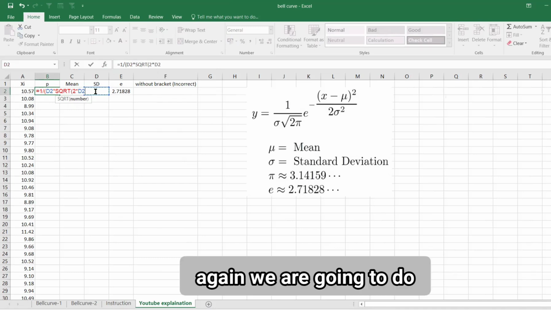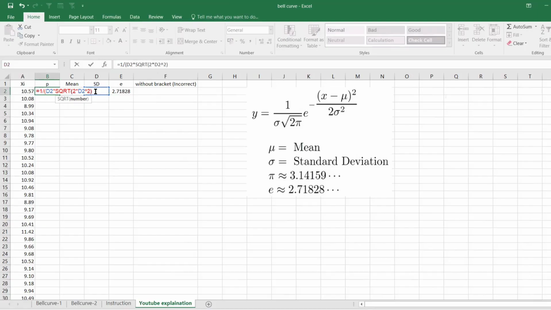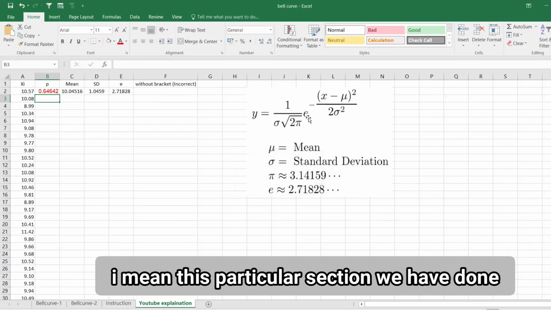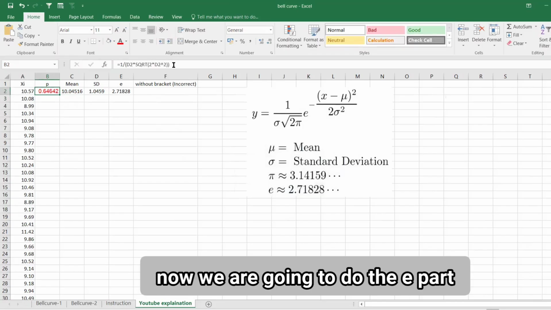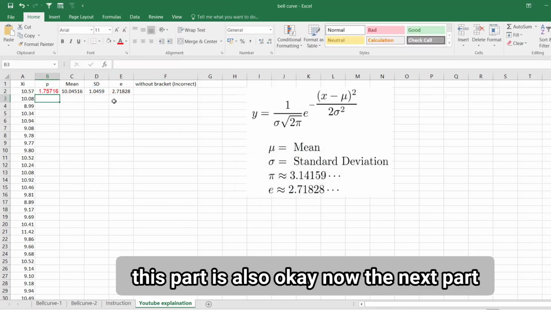Again, we use the cap for that, so apply it to 2 times. Okay, this part is done. I mean, the numerator, this particular section, we have done. Now we are going to do the E part. The E part is also fine. So E is this one. This part is also okay.